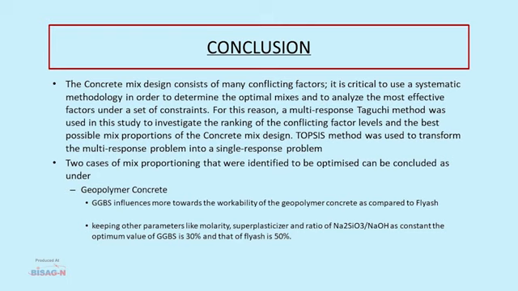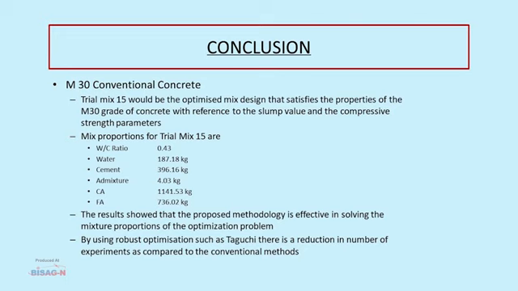In geopolymer concrete, the GGBS influences more towards the workability, whereas for the compressive strength, the fly ash contributes more, keeping other parameters constant. In the M30 conventional concrete, trial 15 was the optimized mix design, and it satisfies the properties of M30 grade of concrete after the tests were conducted and the results were obtained.